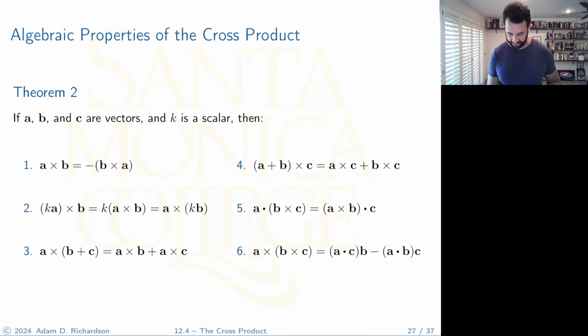Another nice thing is this one right here, this relationship between the dot product and the cross product. A dot B cross C is the same as A cross B dot C. And this one is kind of a funky one, but if you wanted to do A cross B cross C, you can rewrite it like so.